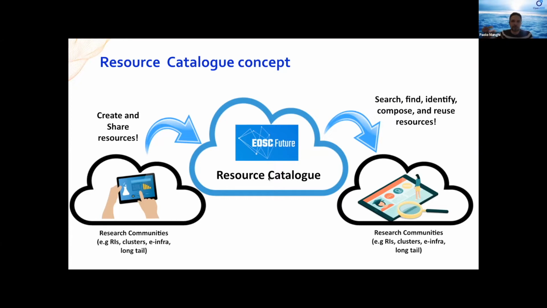So the resource catalog is there basically to allow the sharing, so providing the metadata about these resources and how they are interconnected with each other. So how services can be related, but also how services can be related to products and how products can be related between them. And the idea is that once I share this information, describing it according to this common language that the EOSC defines with the EOSC interoperability framework, then others will be able to interpret and see what I'm sharing and potentially reuse it.